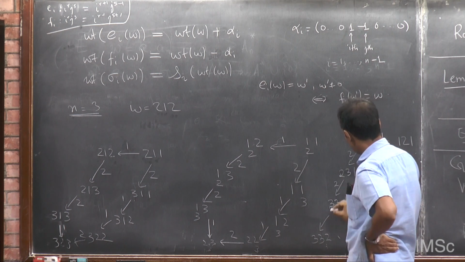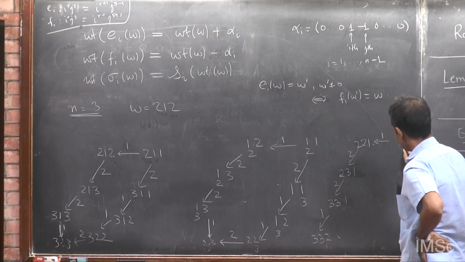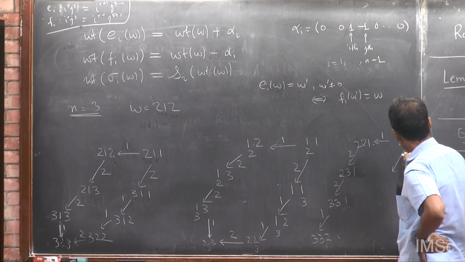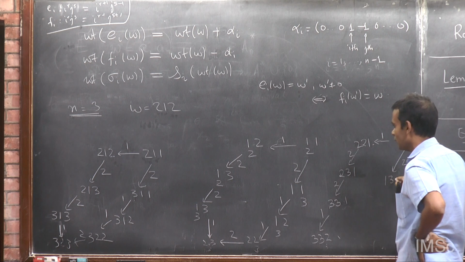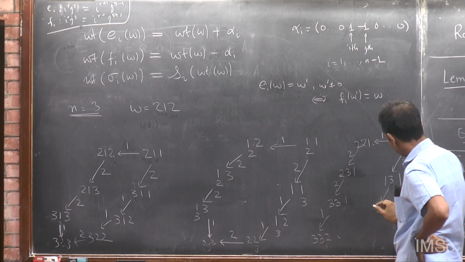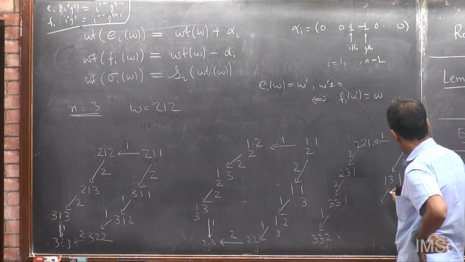So this is 1 2 2 1, and this is, so if I am applying F2, I must freeze the 1, so I will get 1 3 1, and then now I must apply F1 again.